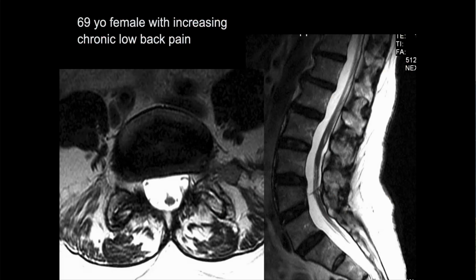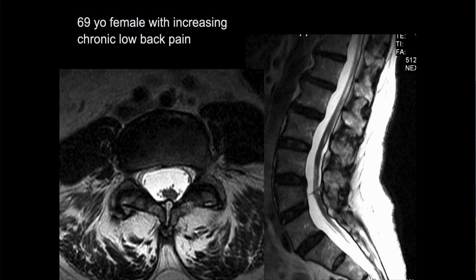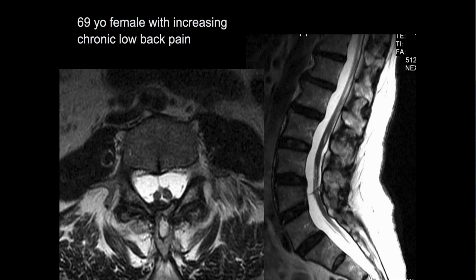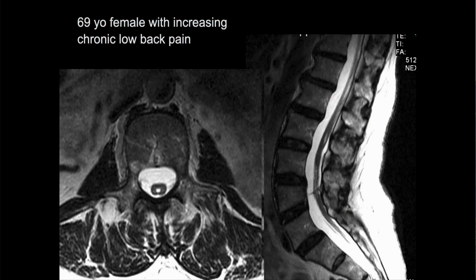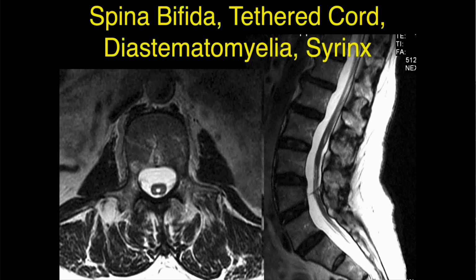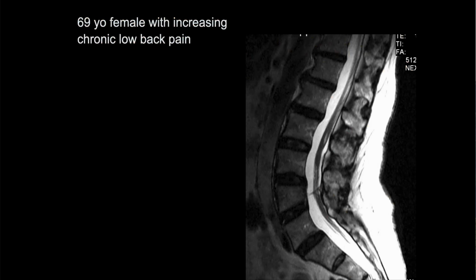Okay. So let's go through the axials here. There's an axial. Now we're at this level. And there's an axial. Now we're up here. So there's a syrinx in, yeah.